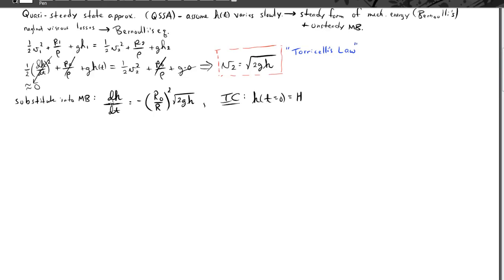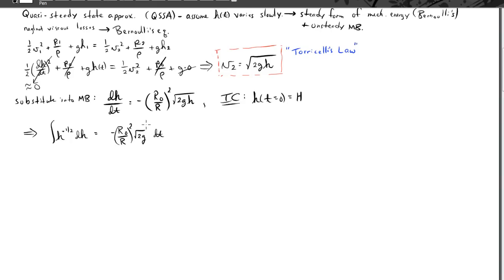So what we do is we just separate variables. So we take the square root of h and divide this side here. So we get h to the minus 1/2 dh is equal to minus r0 over capital R, quantity squared, times the square root of 2g dt.